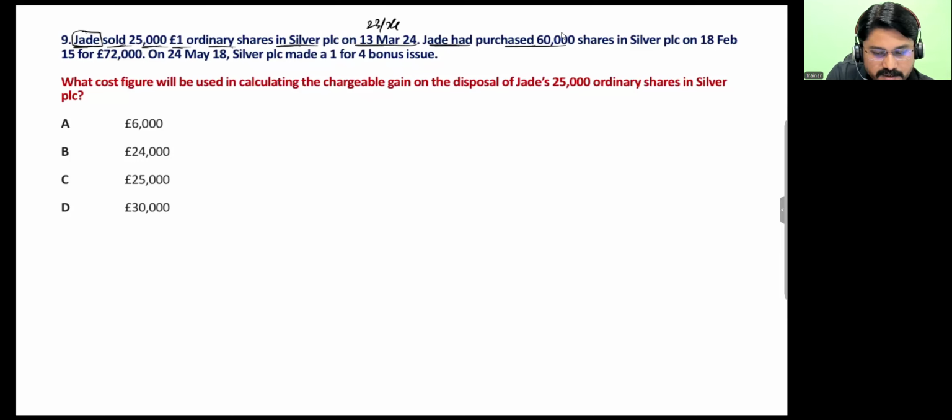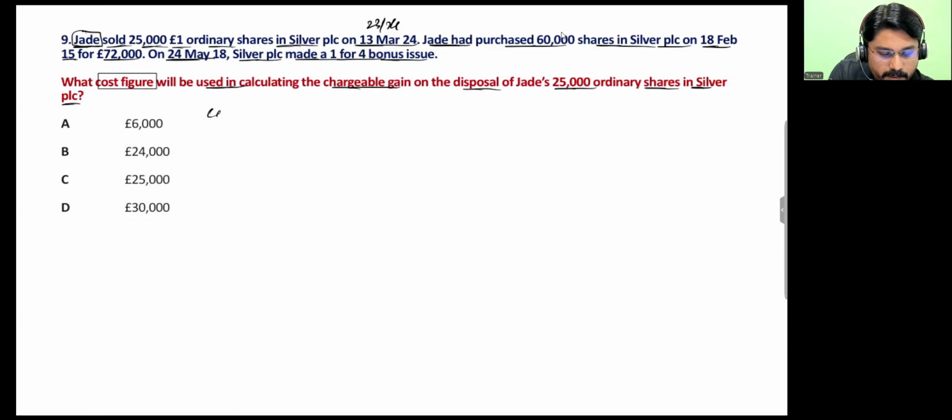Jade had purchased 60,000 shares in Silver PLC on 18th Feb 2015 for 72,000. Thereafter, on 24th May 2018, Silver PLC made a 1 for 4 bonus issue. What cost figure will be used in calculating the chargeable gain on the disposal of 25,000 ordinary shares in Silver PLC?